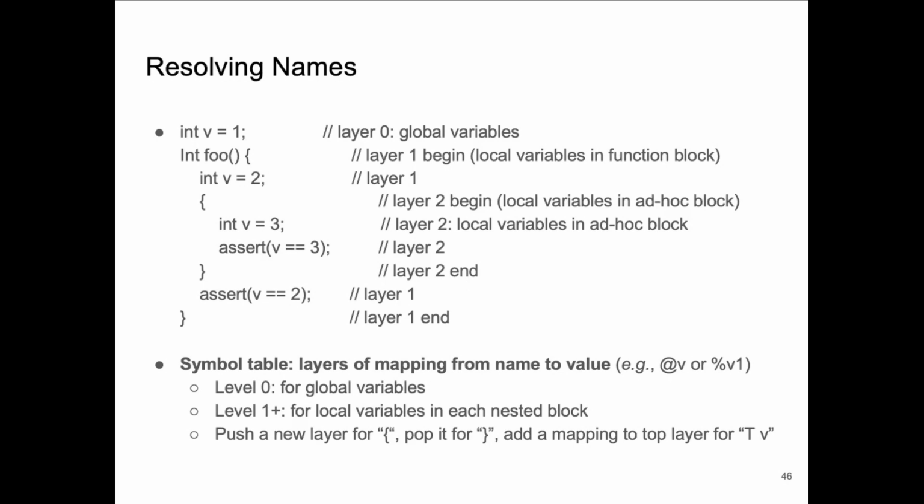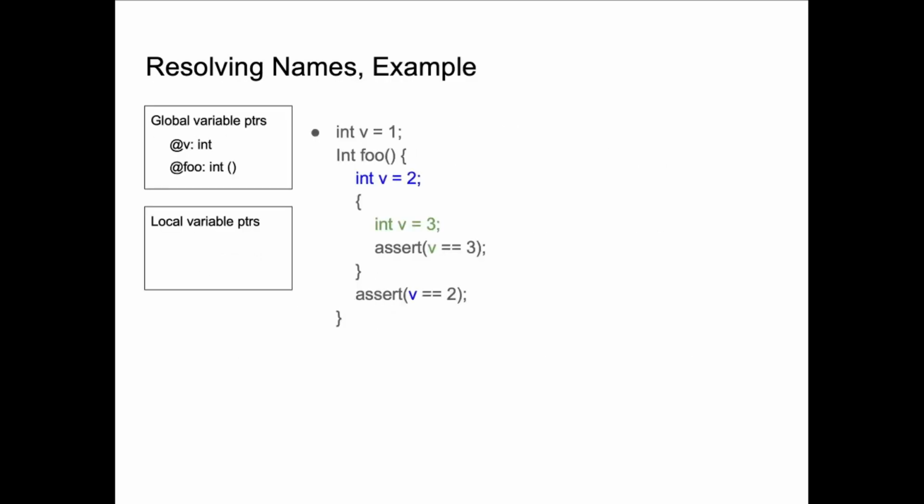So here's a little bit abstract explanation, and let's look at some example here. So let's say that the code is like this. The global variable v is declared, and you're going to translate the function foo here. And at the time that this function is translated, you already know that there are two global variables, v and foo.